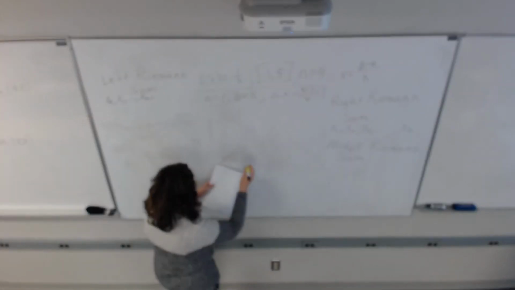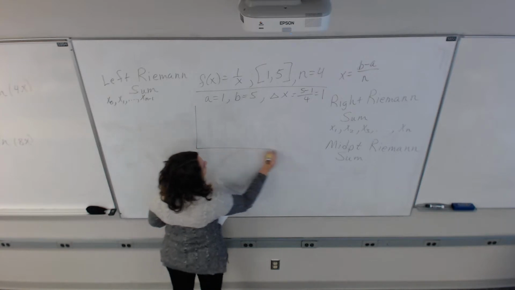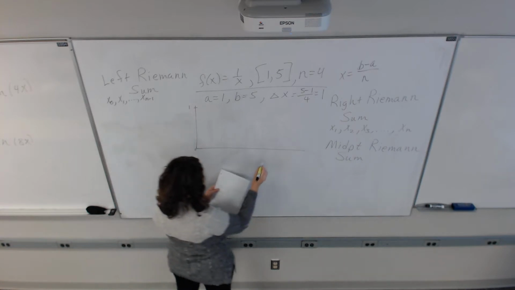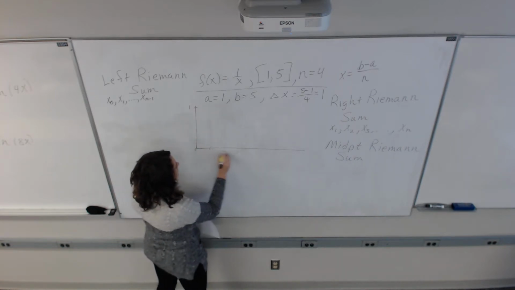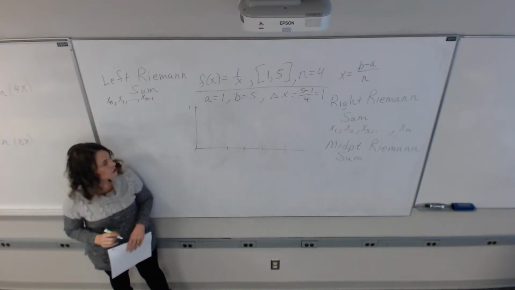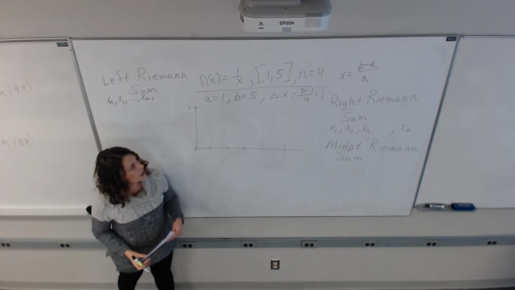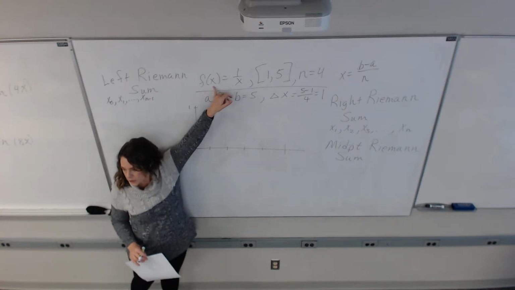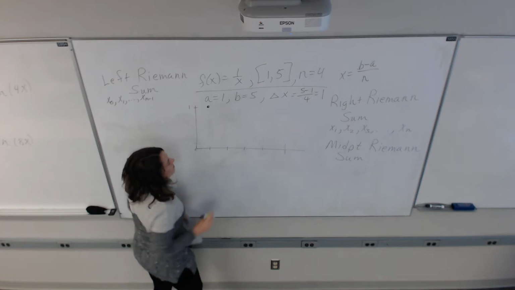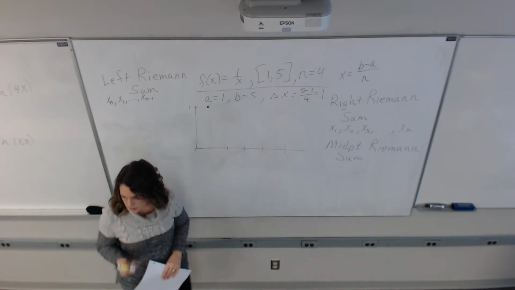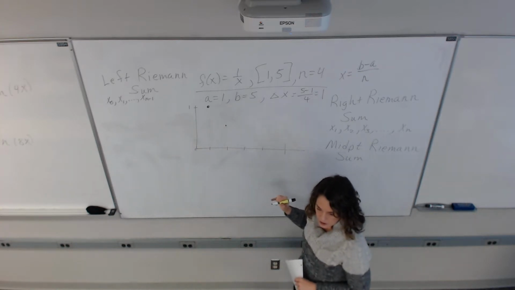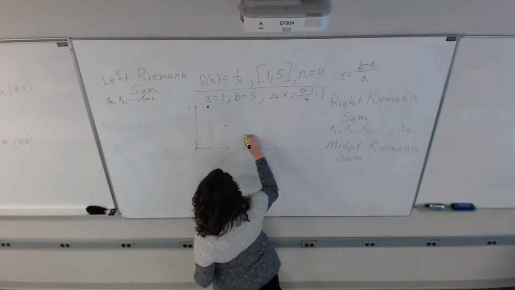So the next thing I'm going to do is draw a picture of this graph. So here's the origin. This is 1, and let's see, 1, 2, 3, 4, 5. It does help to make the pictures bigger so you can see what's happening. When x is 1, what is the function value? Just plug it in. 1. So I'm just plotting points right now. When x is 2, I get 1/2, so that would be right about there. When x is 3, I get 1/3, which would be about there.